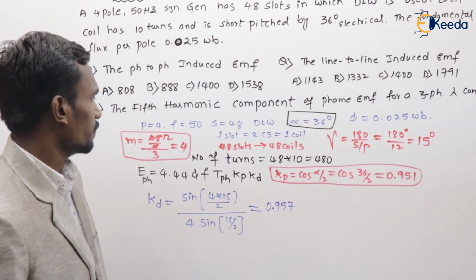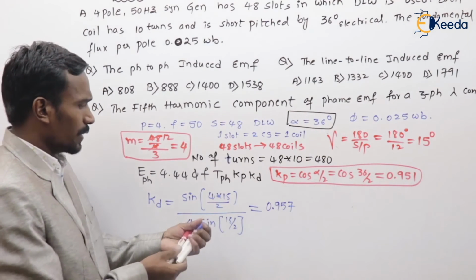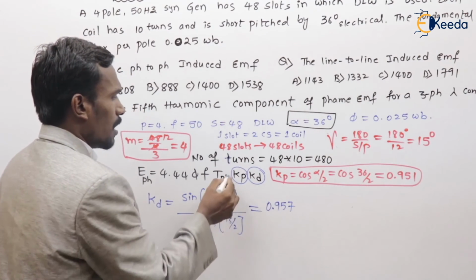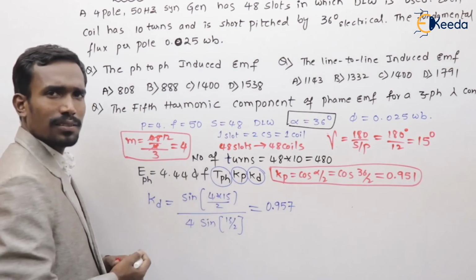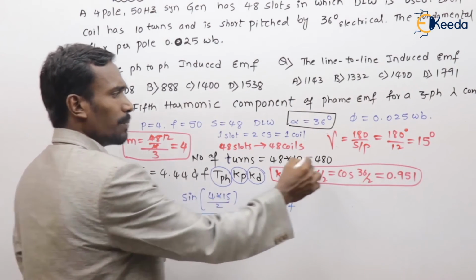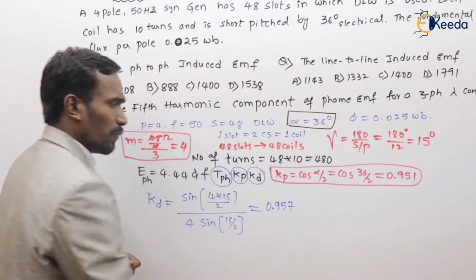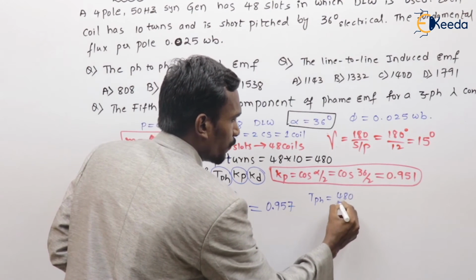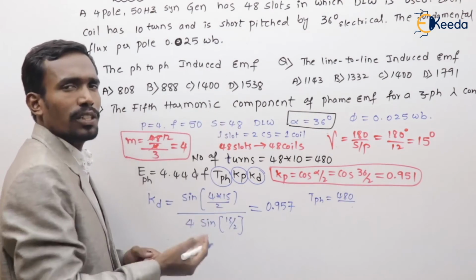Actually, I got this Kd value, and Kp and turns per phase. The total number of turns is 480, for a 4-pole 3-phase machine.